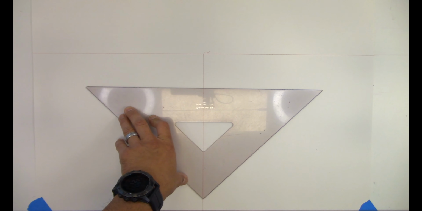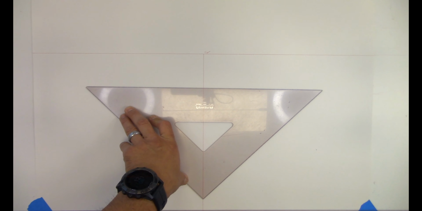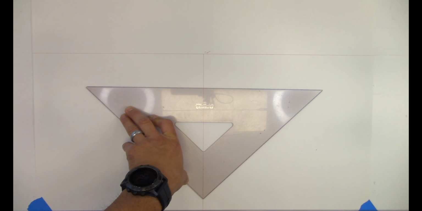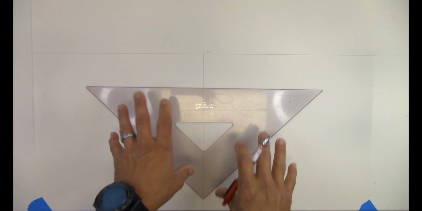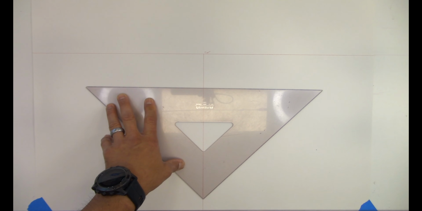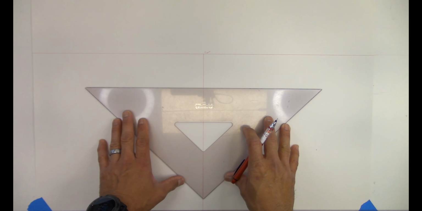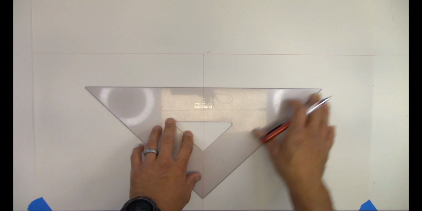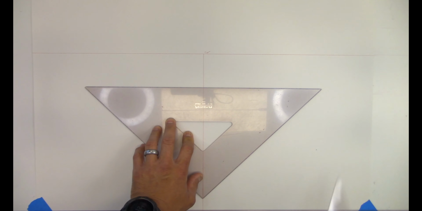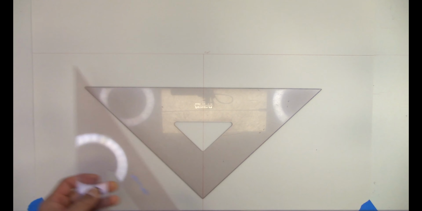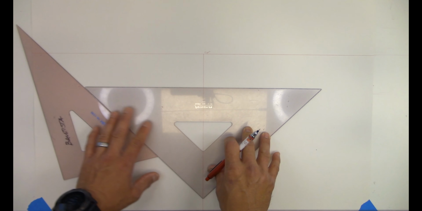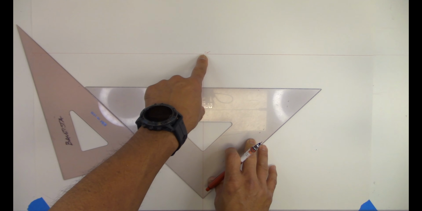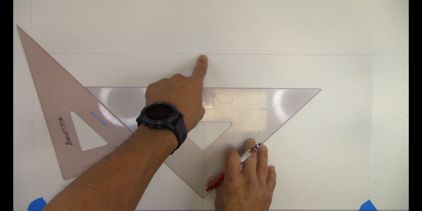As you guys know, the diagonal vanishing point is at a 45-degree angle from the station point. Okay, so with that said, because this is a 45-90 triangle, if I keep this nice and even here, like this, and have a vanishing point up here and here, if I use my triangle as an extension like this, the inherent problem is the center of vision becomes the diagonal vanishing point 2.